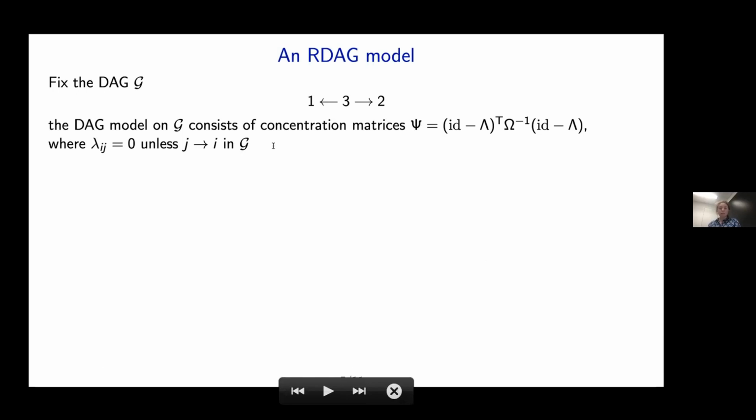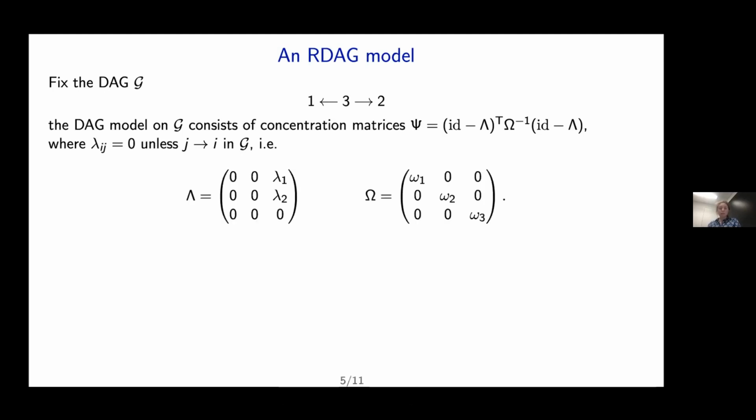What that means is that the matrices lambda and omega look like this. Lambda is mostly 0, but we have 2 non-zero entries in the 1, 3 location, because there's an edge from 3 to 1, and in the 2, 3 location, because there's an edge from 3 to 2.